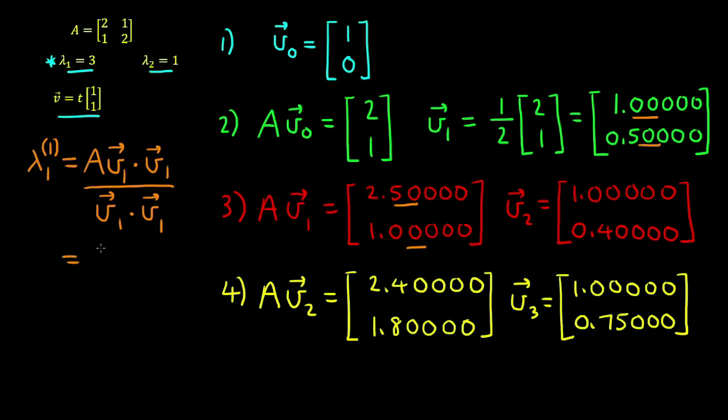So that gives 3 in the numerator. And V1 dot V1 is 1 by 1 plus 0.5 by 0.5, which is 1.25. So our first approximation to the dominant eigenvalue is 2.4. So let's write that up here.